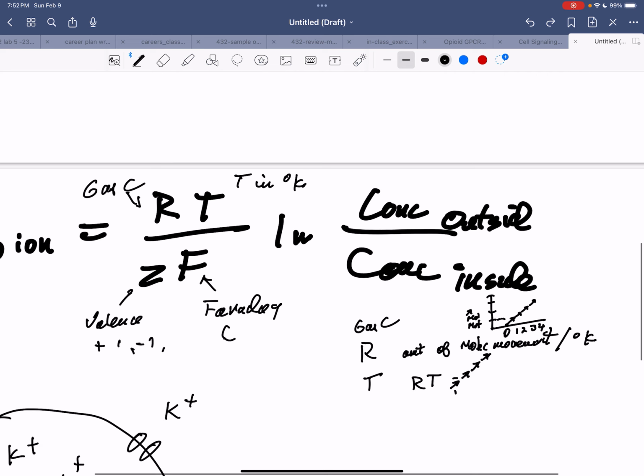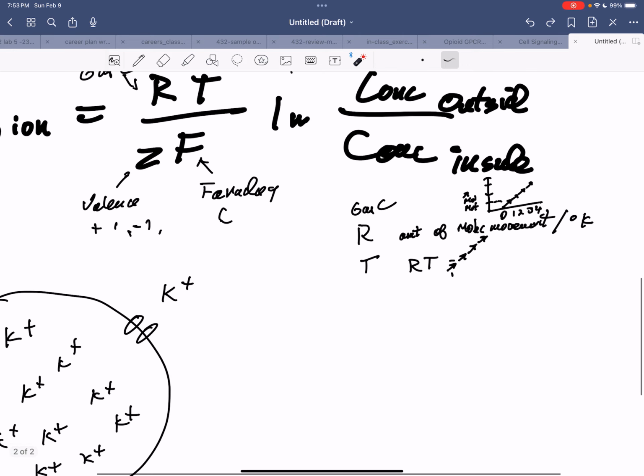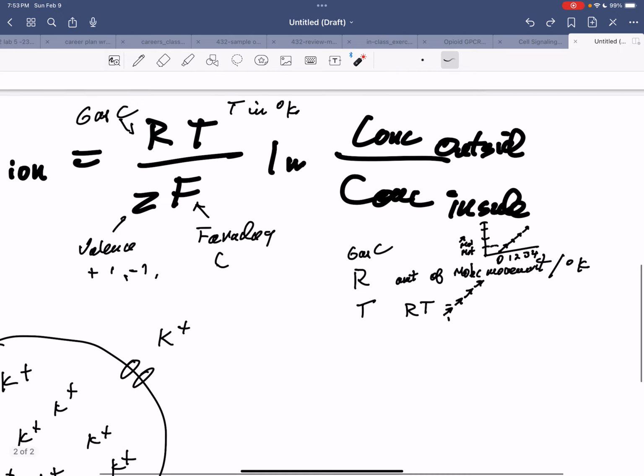So RT at the top here is telling us how much random molecular motion there is. The more molecular motion, the more times these things are going to hit these openings. And as you might guess, the more these things are moving, the more easily a potassium could escape a nearby negative charge. It's moving fast, more able to escape and move out. So the more random molecular motion, the higher temperature, the more negative charge it's going to take to hold that in.